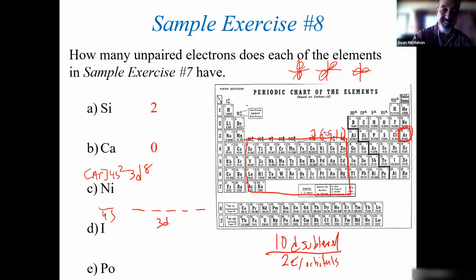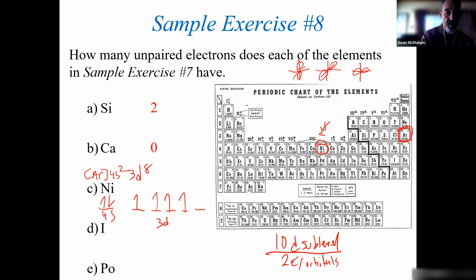So now let's clean this up a little bit. It's a d8. It's in that d8 position. So the 4s2 is filled. d8, I follow Hund's rule. 1, 2, 3, 4, 5, 6, 7, 8. How many unpaired electrons? 2, because 2 of the 5 orbitals are half filled.